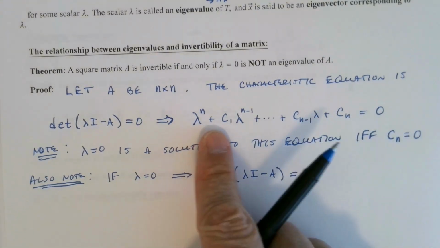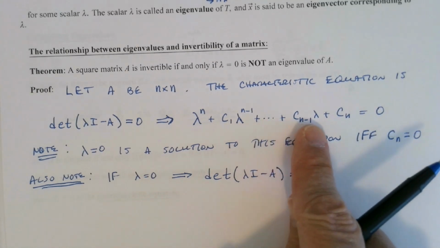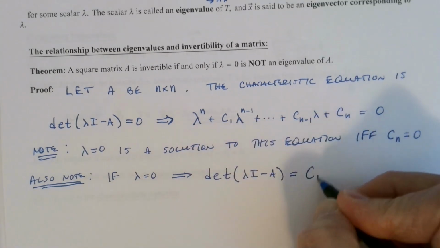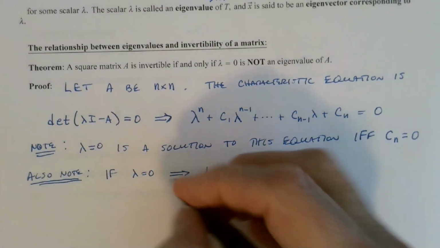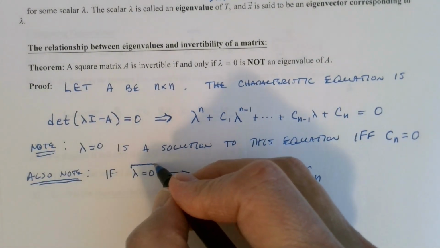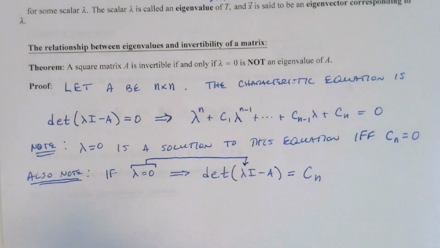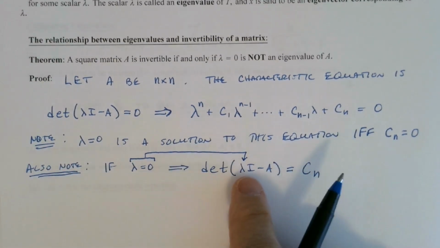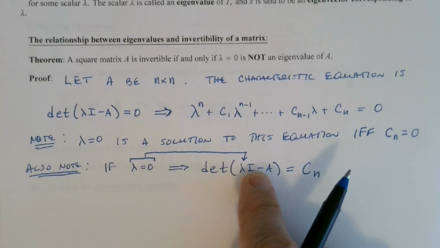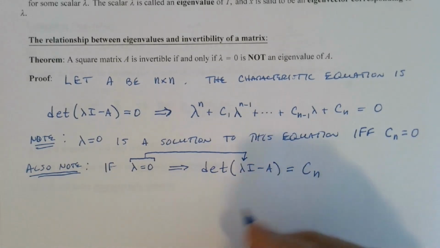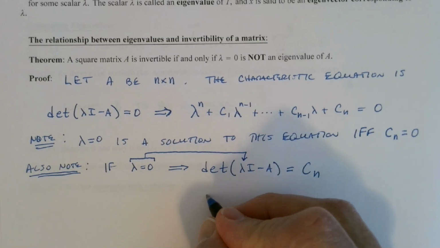Well, if I plug in lambda equals 0, this characteristic polynomial here becomes just what? All these terms go to 0. It's just Cn. But lambda is equal to 0, and I'm going to replace lambda with 0 here. 0 times I is just the 0 matrix. The 0 matrix minus A is -1 times A.